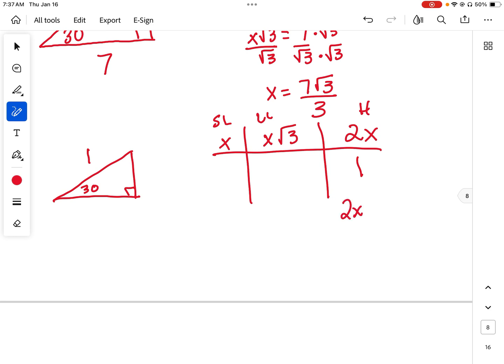So it's 2x equals 1. We've got to solve for x. Divide by 2, so x equals half. So we use that fact to help us. So this is half. And the long leg I really should write as square root of 3 over 2.